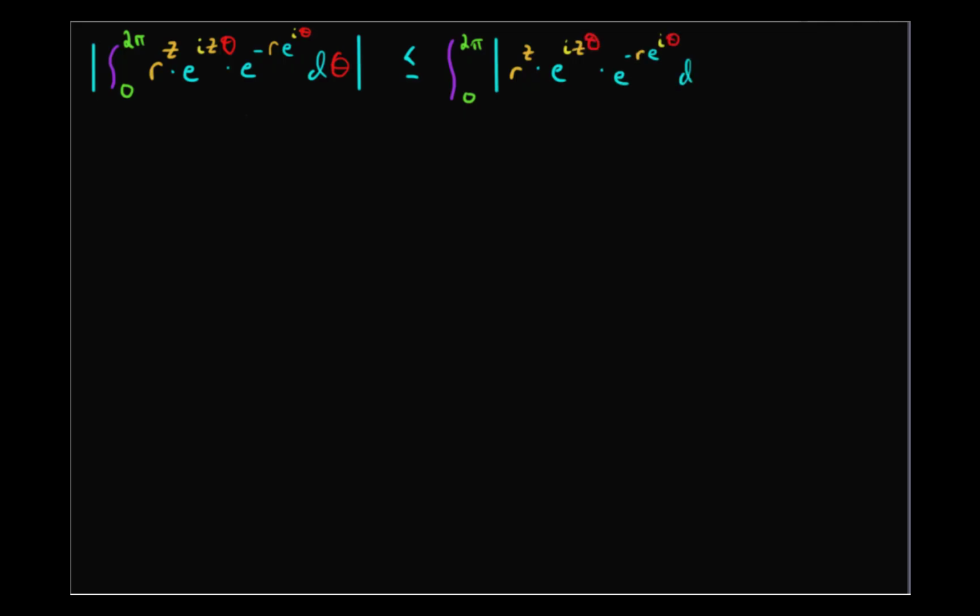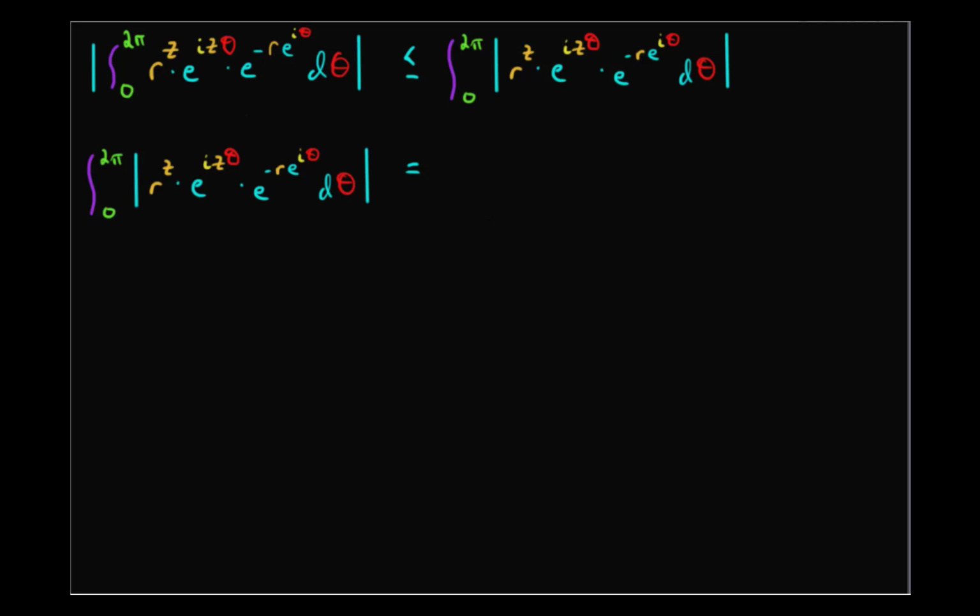So we have that the modulus or magnitude of the integral from 0 to 2 pi of the expression r to the z times e to the i z theta times e to the negative r e to the i theta d theta must be less than or equal to the integral from 0 to 2 pi of the modulus of that same expression.